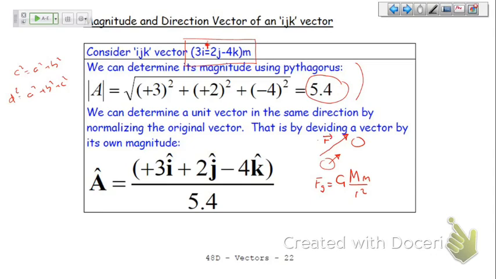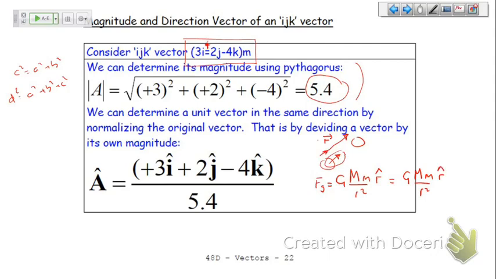And I would say this is equal to that times r hat, which equals big G, big M, little m over r squared, times the little unit vector, which is r hat.